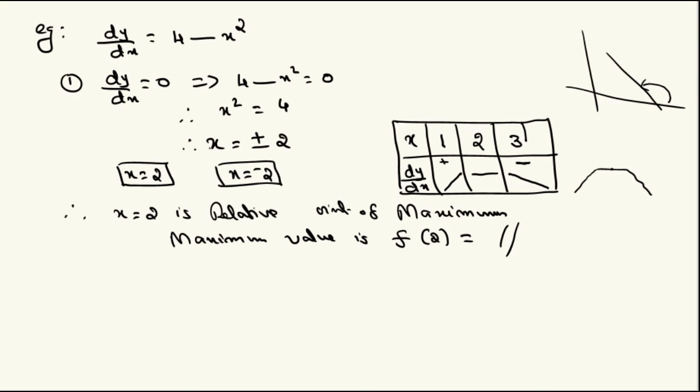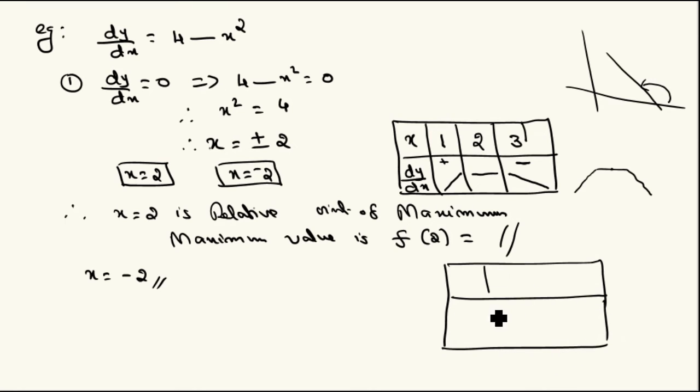Now we'll take another x, x equal to minus 2. Second value is x equal to minus 2. Again we'll draw the table of x and dy by dx.